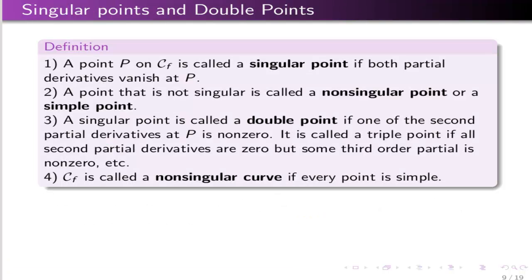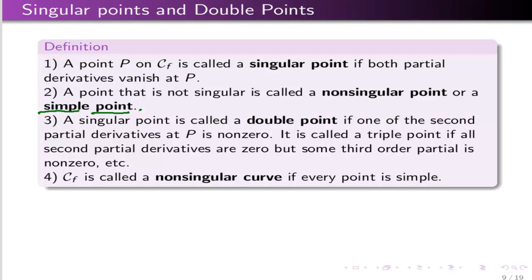What do I mean by a singular point and a double point? So a point P on the curve is called a singular point if both partial derivatives vanish at P. And a point that is not a singular point is called a non-singular point, or a simple point. Okay, now the singular points have a further classification.